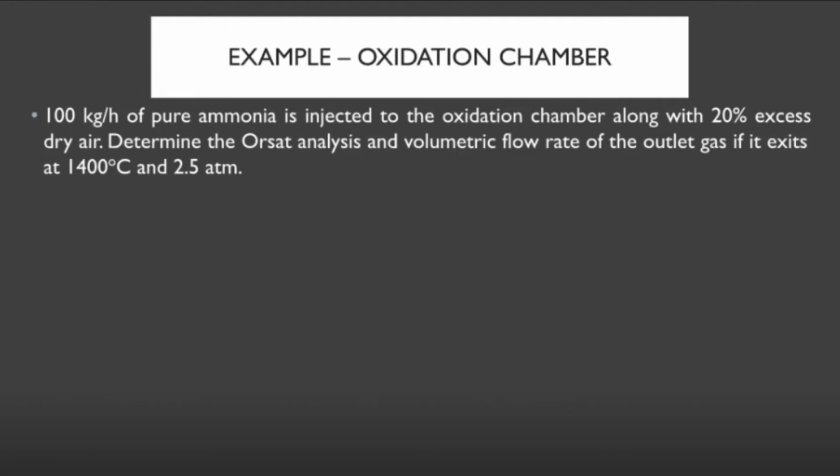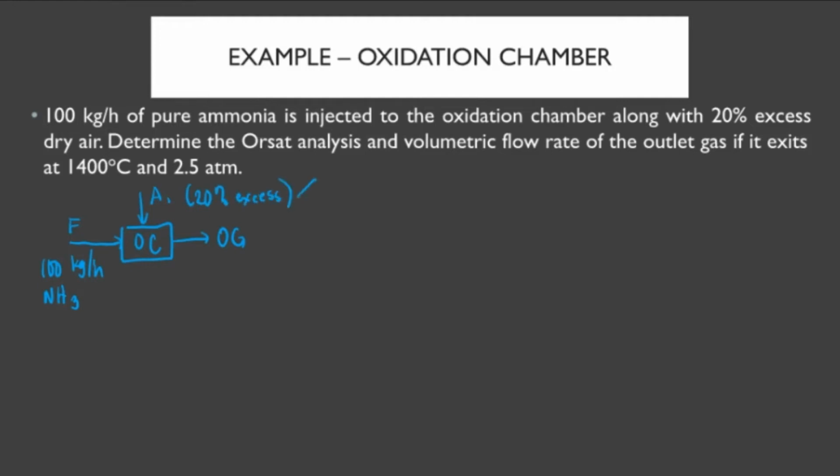Our diagram in this case is simply the oxidation chamber with the feed, typically ammonia, and with the primary air A1 and the product oxidation gases. Our feed is 100 kilograms per hour of pure ammonia, and our primary air is supplied at 20% excess.